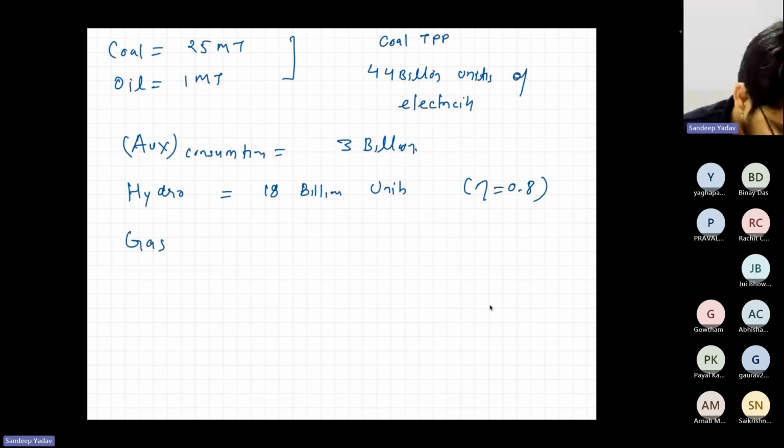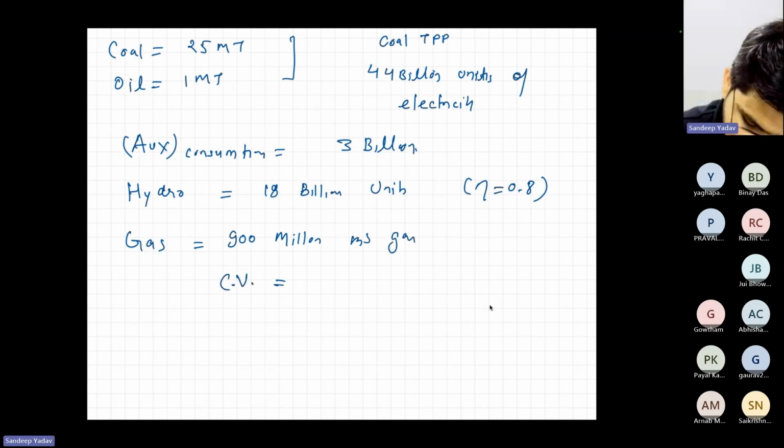From the gas, we have given 900 million meter cube of gas is being used, having a calorific value of 9300 kilocalorie per meter cube.